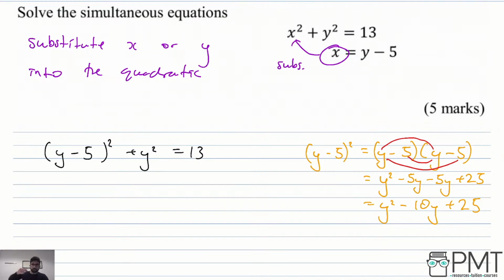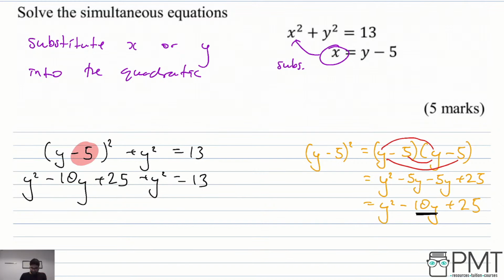Then what you can do, though, if you have a bracket squared, you can see a pattern here. This is always going to be double the term, so you can always go the first term squared, y squared, minus 10y, which is always double this, plus the square of the last term, and that's plus y squared is equal to 13.